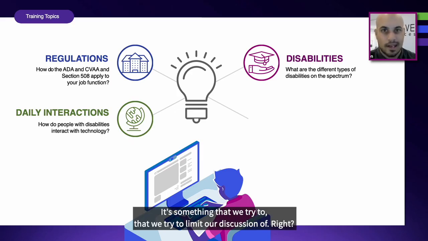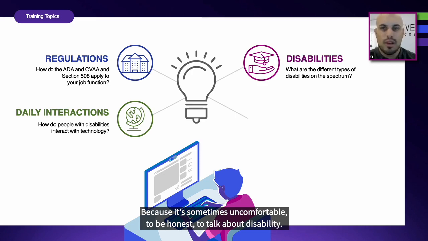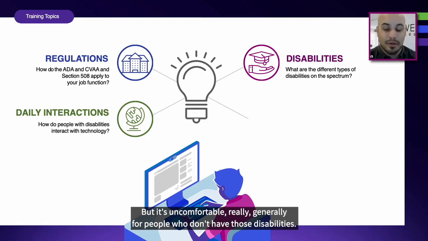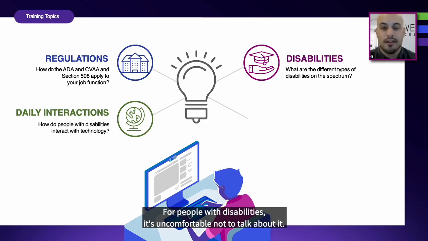It's something that we try to limit our discussion of, right? Because it's sometimes uncomfortable, to be honest, to talk about disability. But it's uncomfortable really generally for people who don't have those disabilities. For people with disabilities, it's uncomfortable not to talk about it, right?